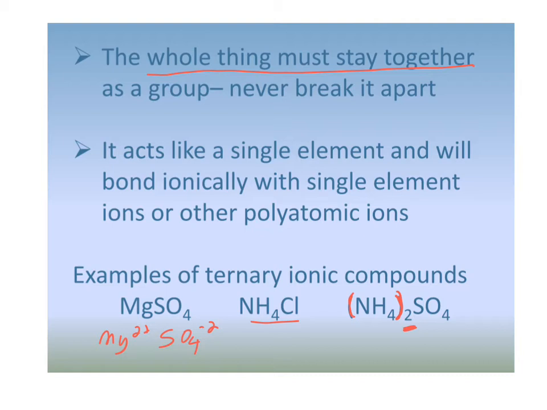That's the only place you're going to see them. Of course, on the other two examples, we didn't have parentheses. And that's because with magnesium sulfate, we had a +2 and a -2. Here, ammonium is +1. Chlorine's -1, so we didn't have to add any subscript. That works pretty much just like when you wrote the binary ionic compound formulas. We'll talk more about that in the next assignment.